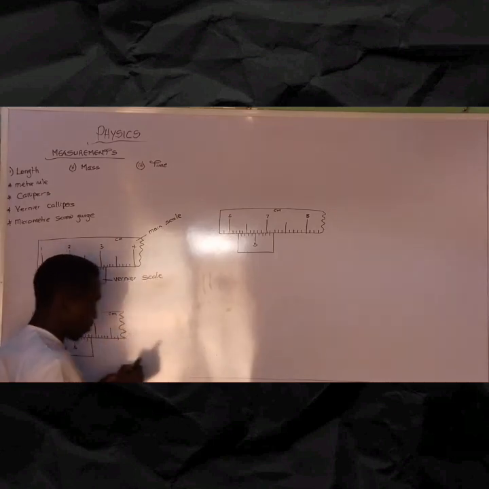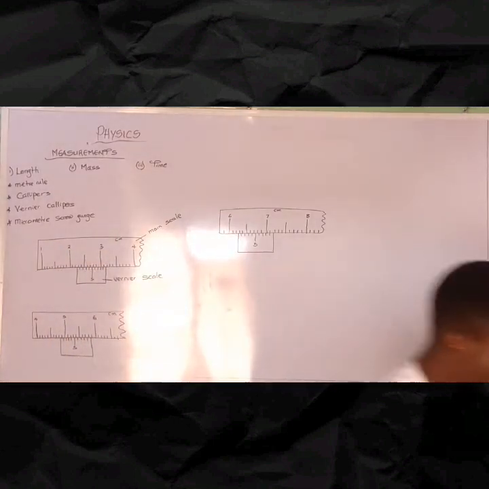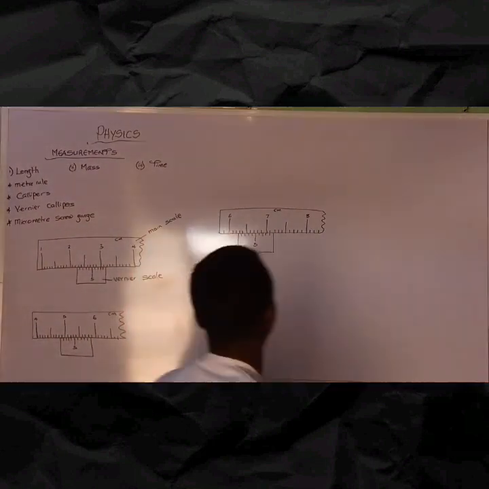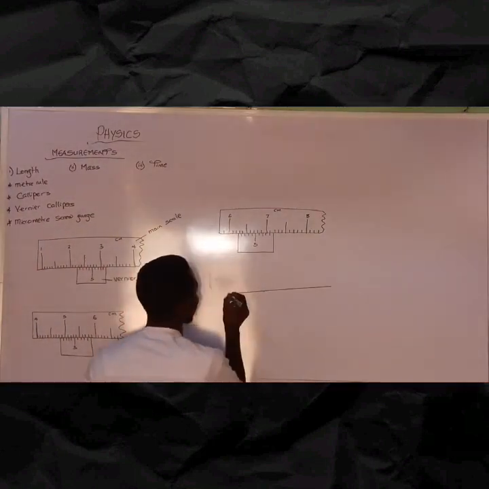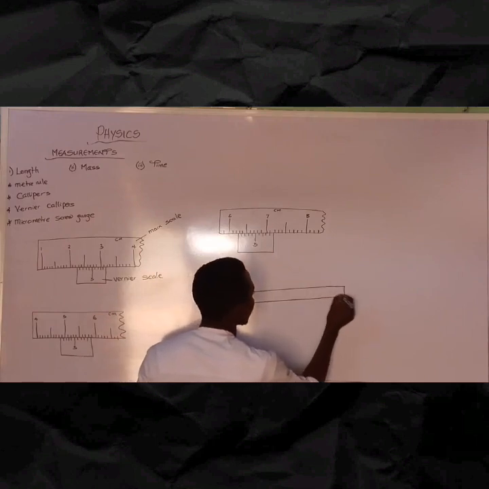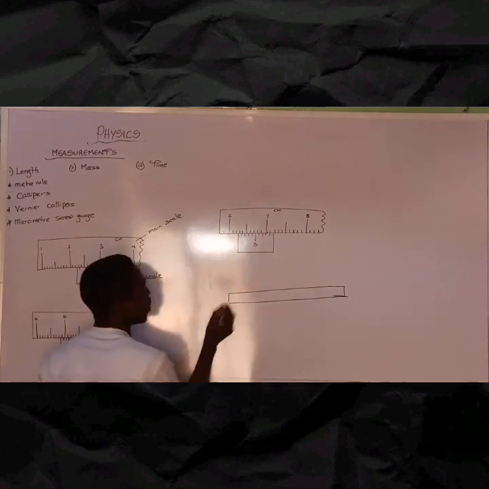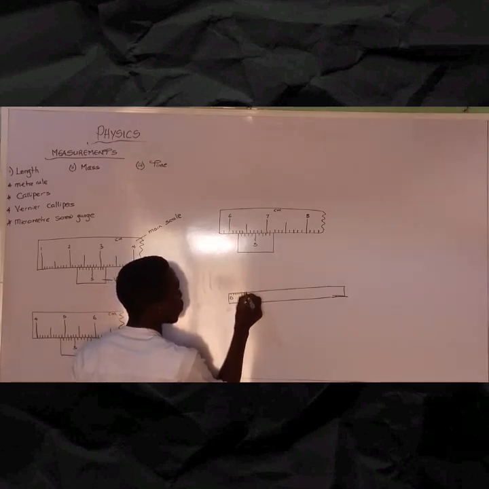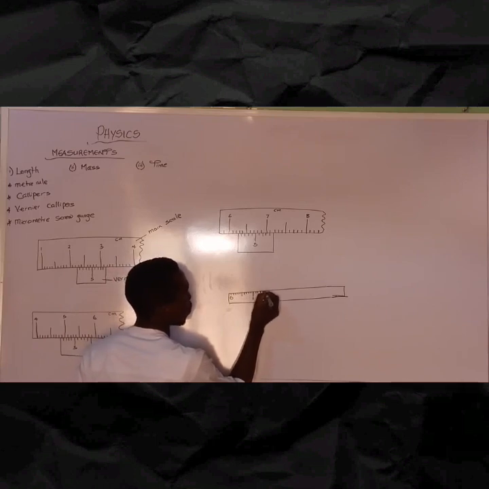Let me make you understand something so that you don't get confused as regards what we are doing. When you have a meter rule, the reading accuracy is 0.1. For a meter rule, if here is 0, you have 1, 2, 3, 4, 5, which is 1, then 1, 2, 3, 4, 5, which is 2.